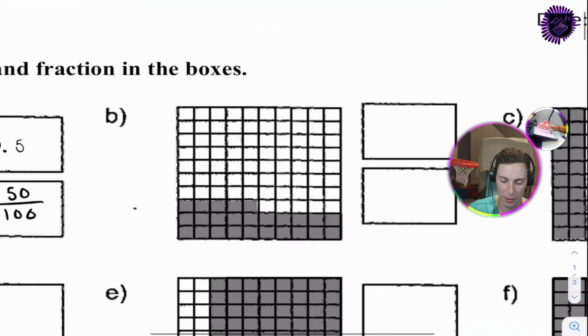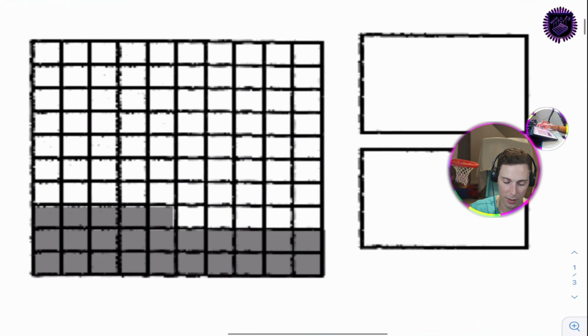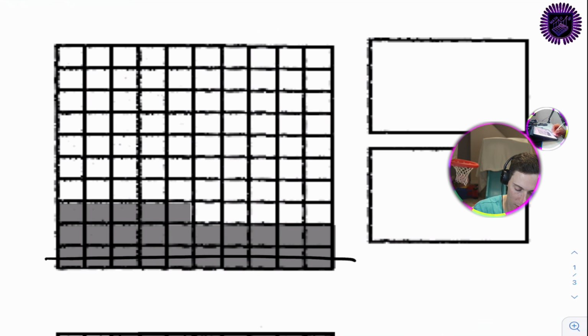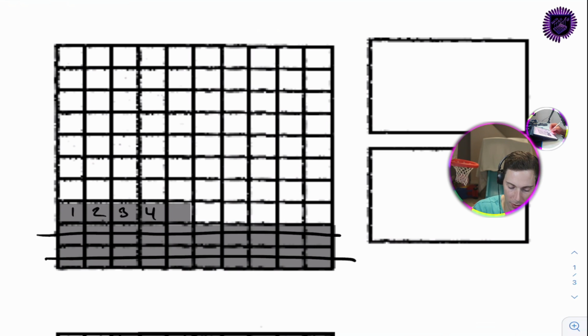Now, when we look at our next question here, we have, again, 100. We have 25 filled, I believe. There's a whole row here, a whole row here, and there's 5 here. Yeah, so it has 25 filled, so this decimal will be 0.25.